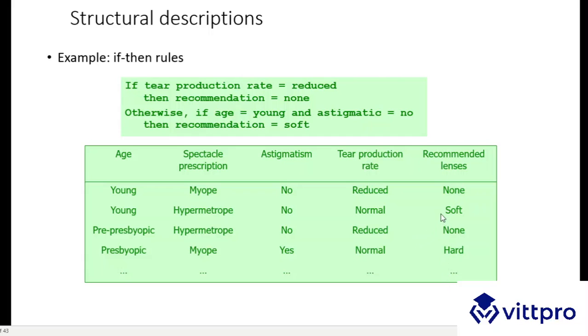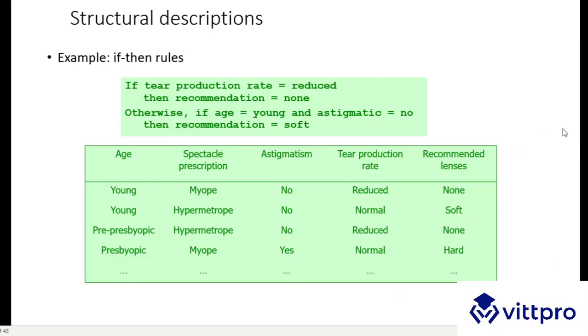But when are you getting soft? You are getting soft when you are young and hypermetrope. So these are examples of identifying the patterns. So the systems are generated to understand the patterns between the data. This is the result, right?